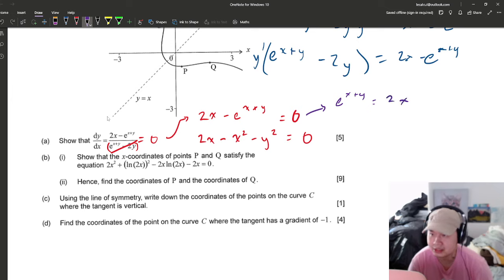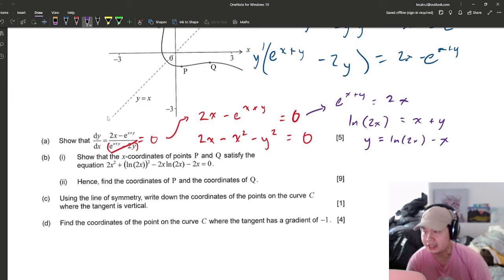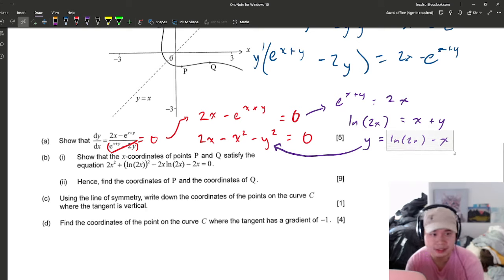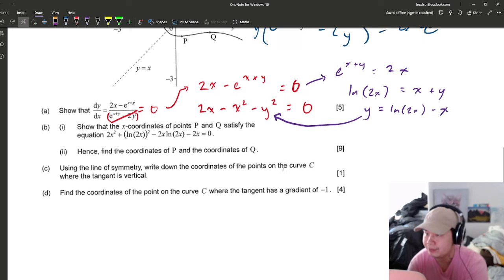In other words, the natural log of 2x is x plus y. So y is natural log 2x minus x. Okay, and then this can be substituted in here, and I think, yeah, if we expand this out, if we square this, you'll get here. After you collect like terms or whatever. Nice.